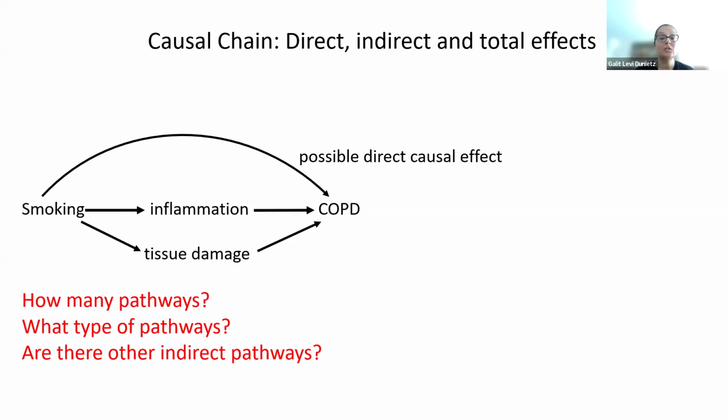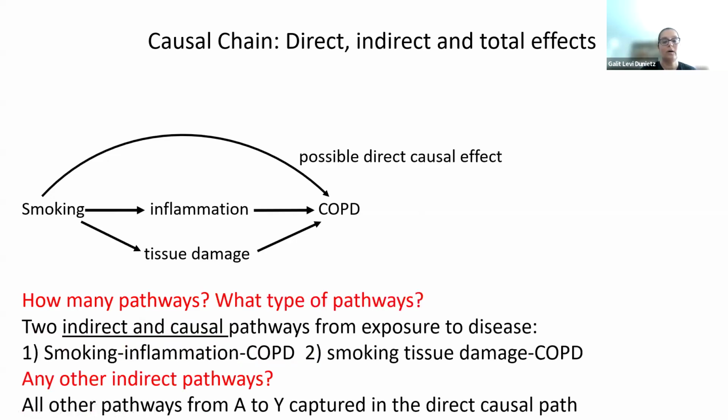Yes. And so what it means here is that we have 2 indirect pathways between smoking and COPD, or 2 mediators. And there is a way to model a direct pathway with 2 mediators in one regression model. It's not done routinely, but there's a way to do that. So yeah, these are the answers that we just said.